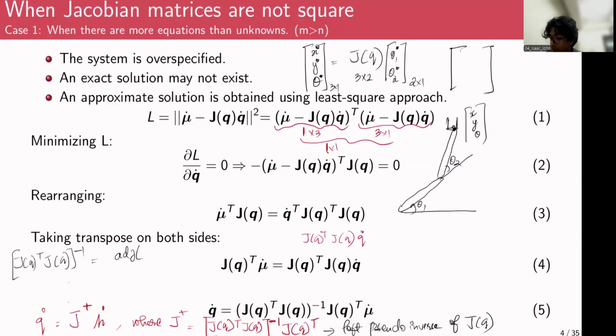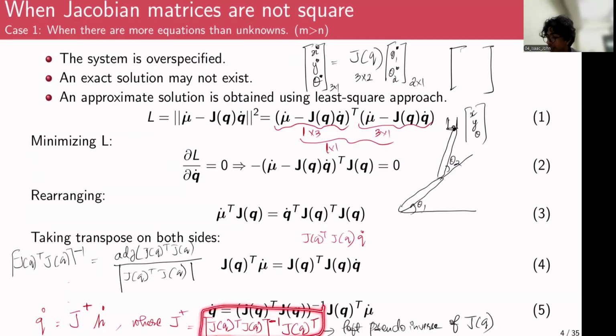Adjoint of J of q transpose J of q divided by the determinant of J of q transpose J of q. So for this inverse to exist, the determinant of J of q transpose J of q must be non-zero. Then only this term will exist. Then only the pseudo inverse will also exist.